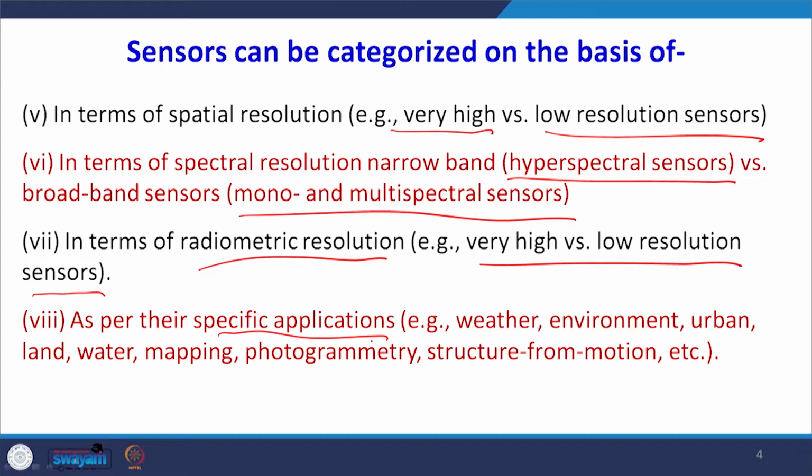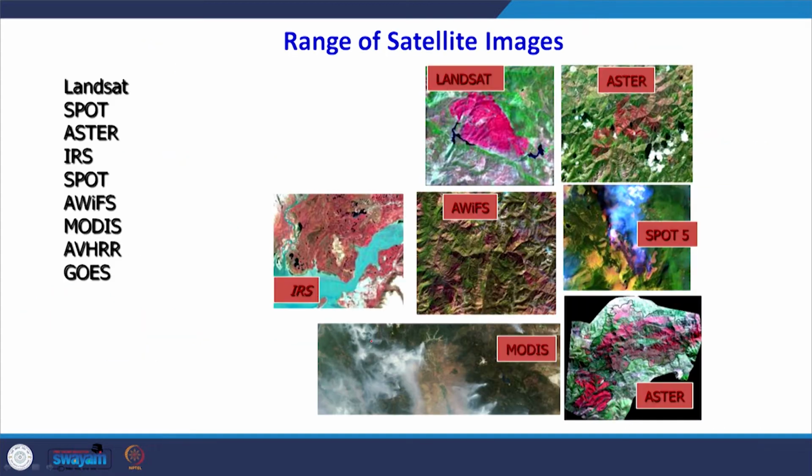There are sensors which are specifically used for cartographic work, so that you can prepare topographical maps of the area. So, we can see there is a range of satellites and a range of sensors. This list is not complete, this is just an example. We have the Landsat satellite, SPOT satellite, ASTER, IRS images, SPOT images, AWiFS images from IRS, MODIS data, AVHRR data, GOES data.